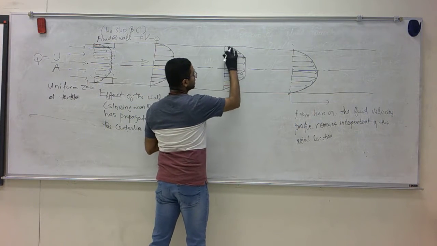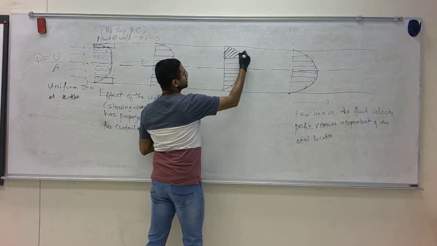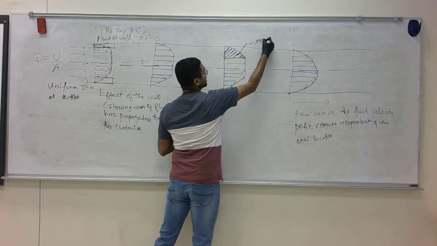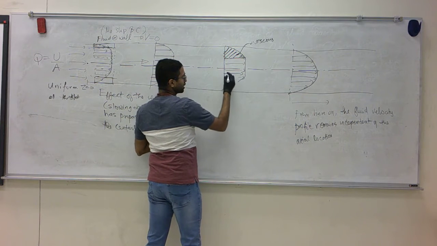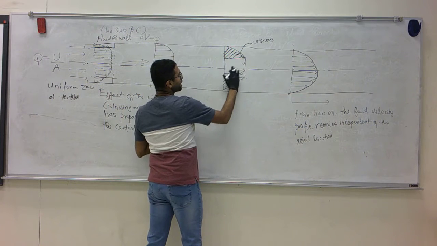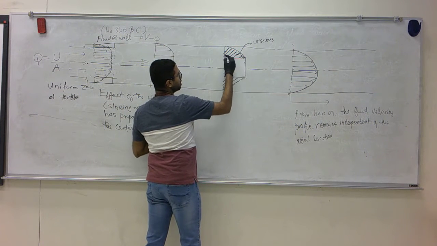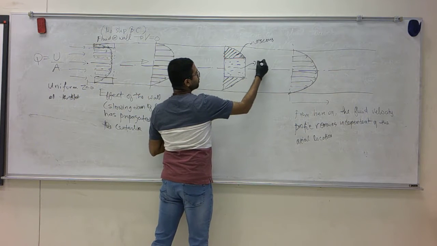So in this diagram here, this part is the viscous region, so is this part because it's symmetric and on the other side. And this part here is the inviscid region.